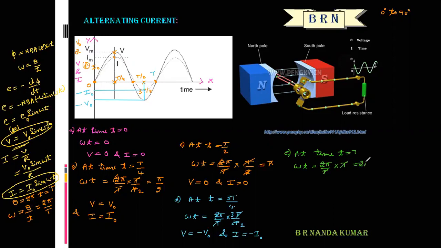This is 2 pi. Then what is the value of voltage? Voltage V is equal to V naught sine 2 pi. Sine 2 pi is 0. 0 into anything is 0. So the voltage induced in the coil is 0, and the current induced is also equal to 0.